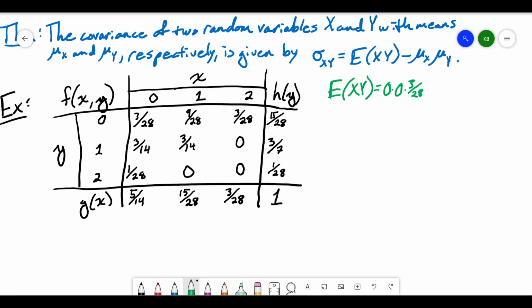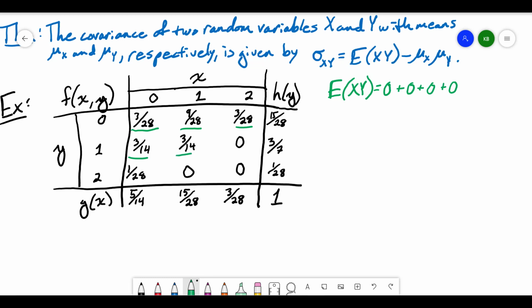and I'll end up noticing that anytime x or y is 0, then the product is going to be 0. So really, finding this, I'm going to have 0 for my first entry here, plus 0 for my second column, still first row, plus 0 for my third column, first row, plus a 0 for my first column, second row, this time because x is 0 instead of what y was 0 for the others.